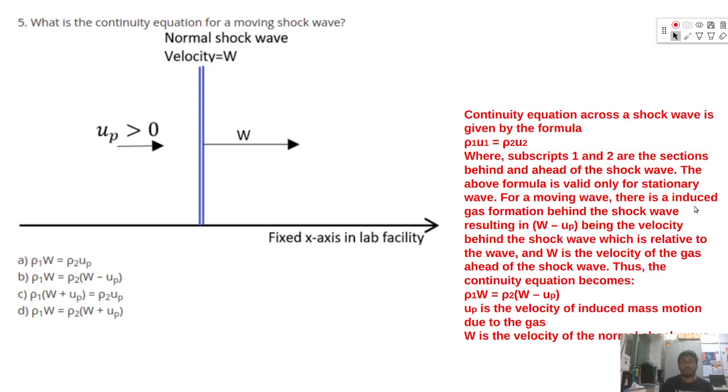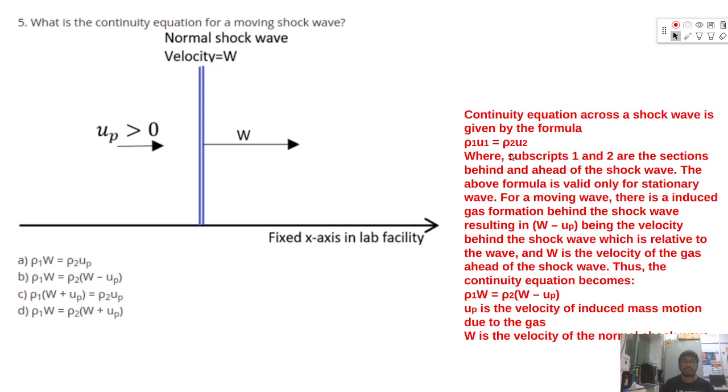For a moving wave, there is an induced gas motion behind the shock wave, resulting in W minus UP being the velocity behind the shock wave relative to the wave, and W is the velocity of the gas ahead of the shock wave.